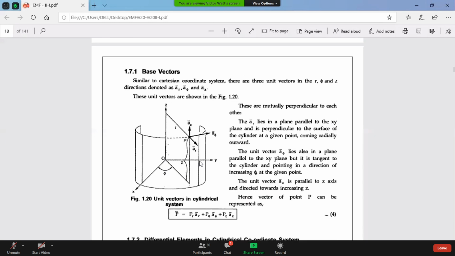You don't get it? Okay, you're forming this. This is your base. This is your hypotenuse. So this is cosine of this, because this is a right angle.